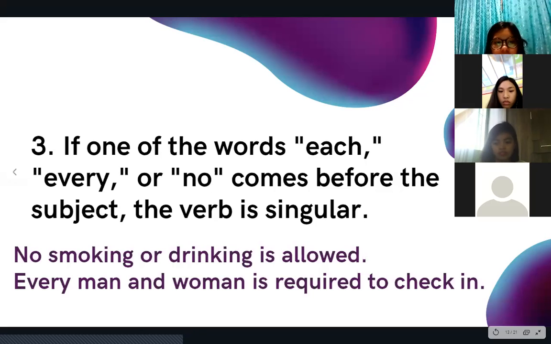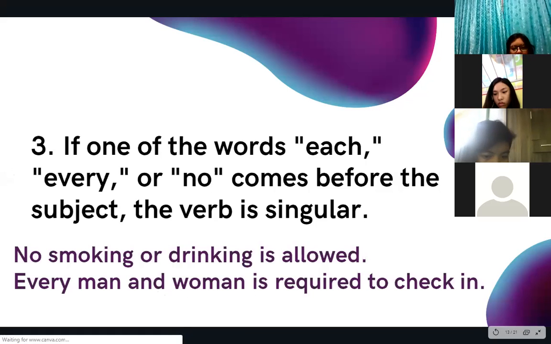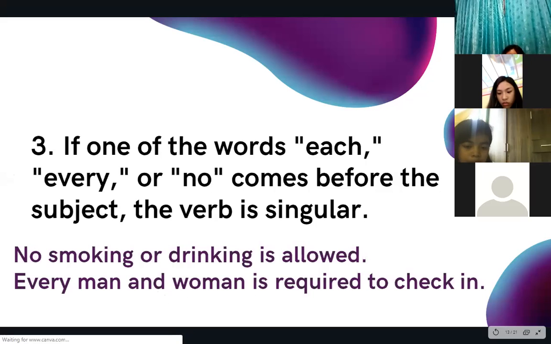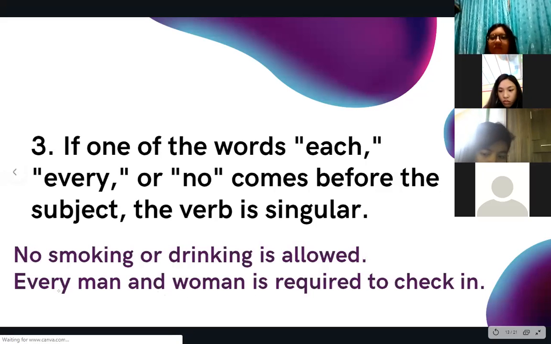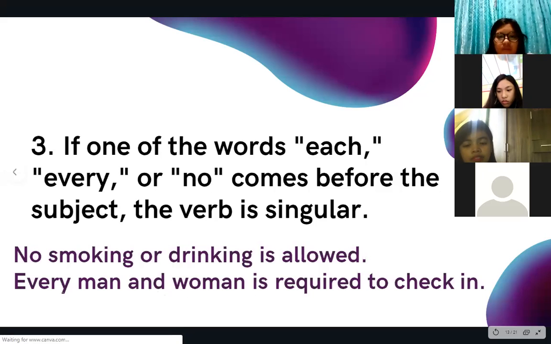Next. "Every man and woman." Every, even though there is an "and," right? We said earlier, sir, that when there is "and," the verb is plural. But in this example, because the sentence starts with the word "every," your verb becomes singular "is."